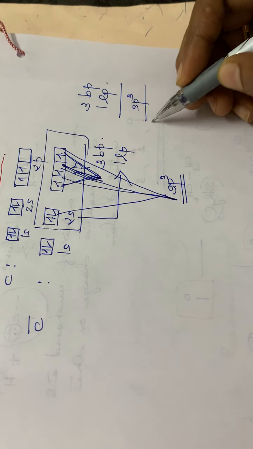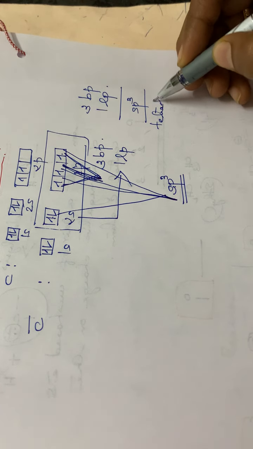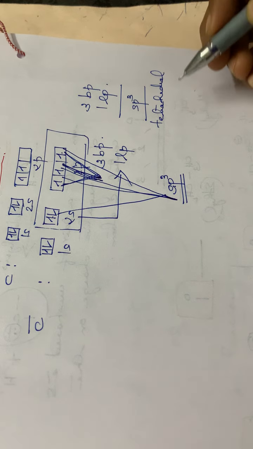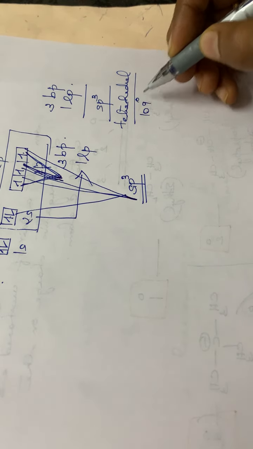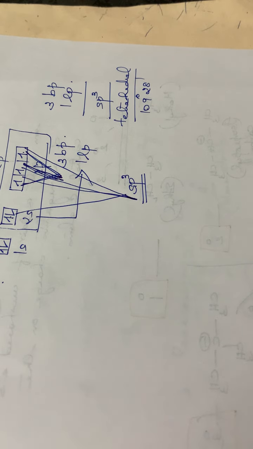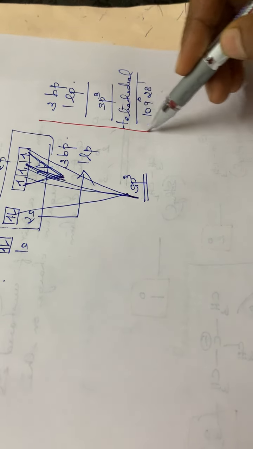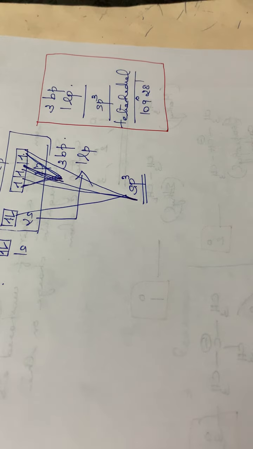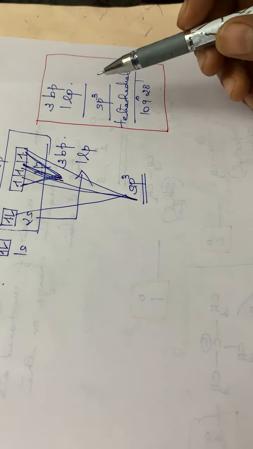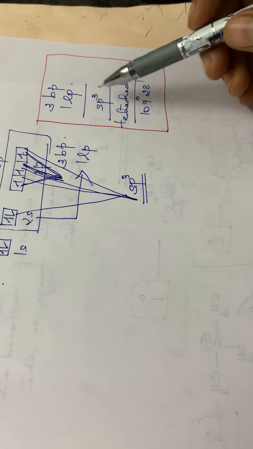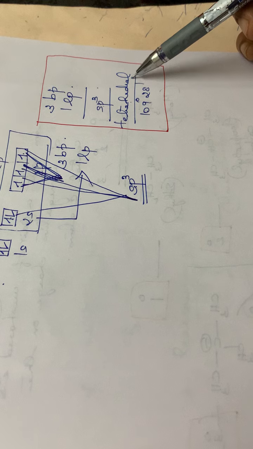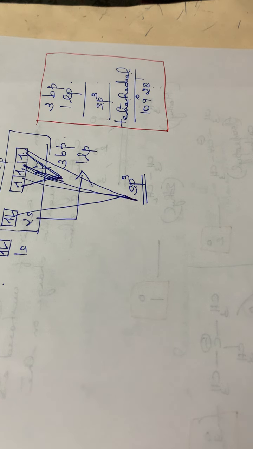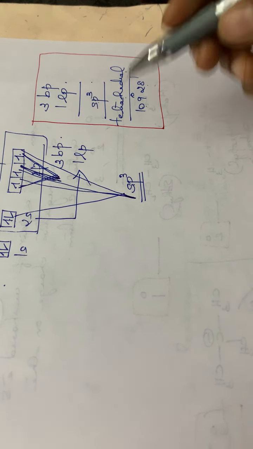The geometry will be a regular tetrahedral geometry, and the bond angle will be 109 degree 28 minutes. So you have to keep all these points in mind: three bond pairs and one lone pair, sp3 hybridization from 1s and 3p orbitals, tetrahedral geometry, and bond angle 109 degree 28 minutes.